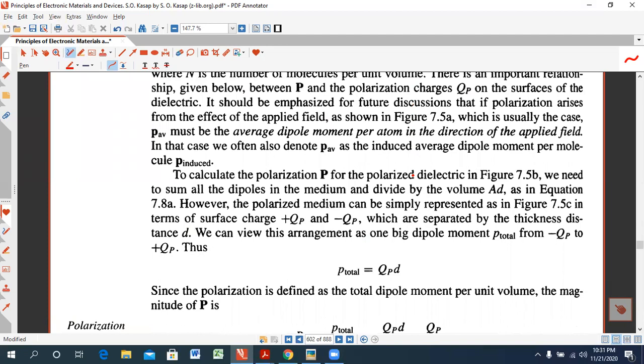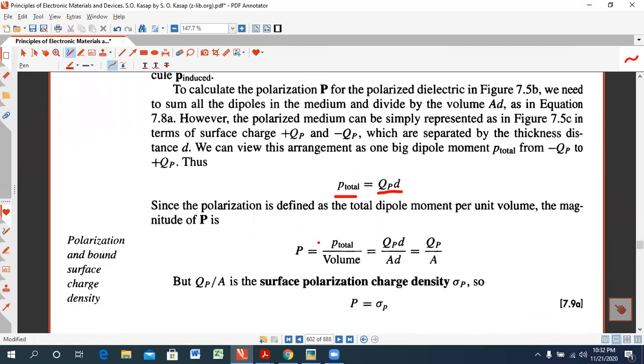I'm just clearing only the numerical portions, that means only the formulas. The next one is due to the dipole moment. Indeed, there is a term known as P induced, and the total P total should equal Qp multiplied by d.